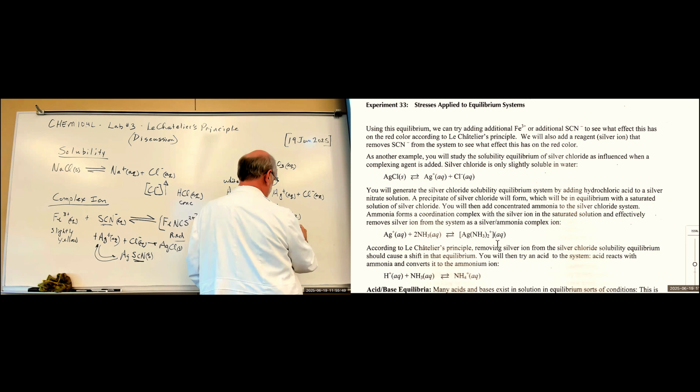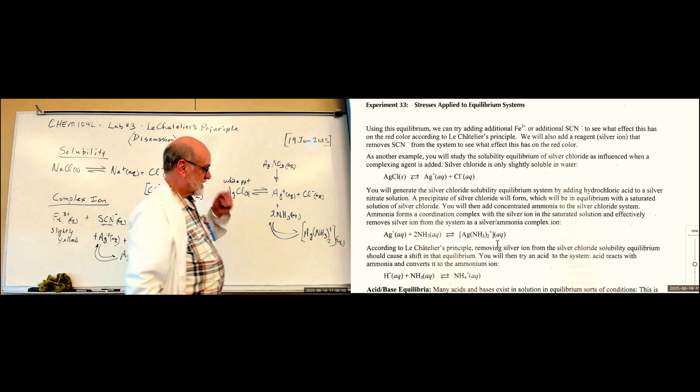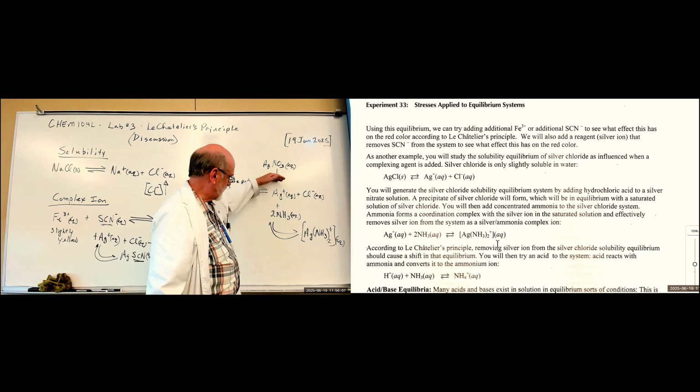And that will produce this polyatomic ion, which is soluble. So what we're doing is we're coupling this reaction with this ion and removing it from solution. That drives this reaction to the right, and the precipitate should disappear.